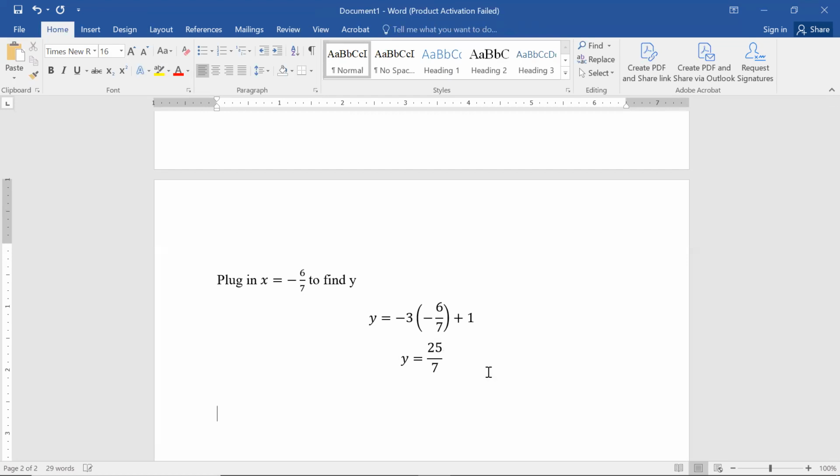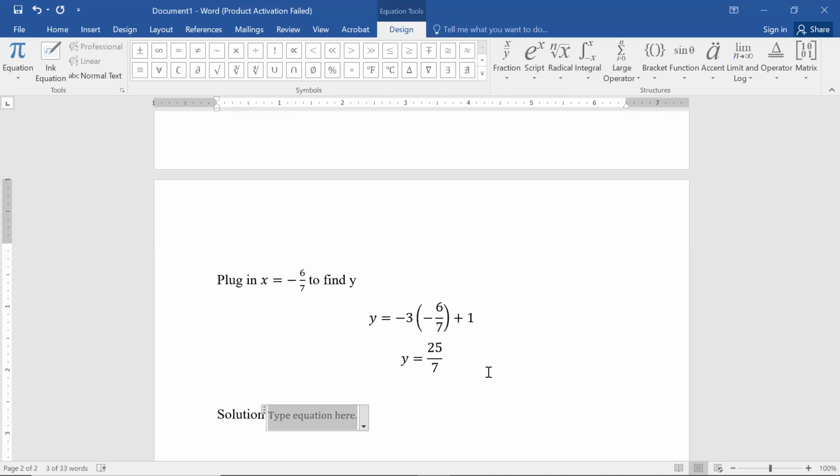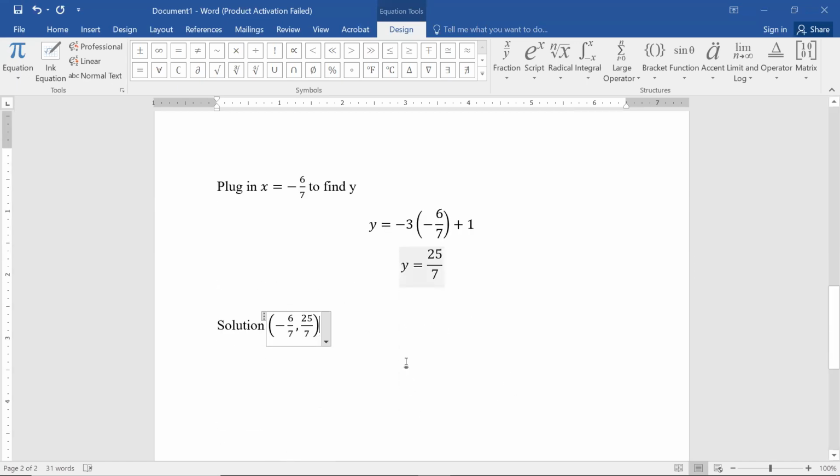That means my solution is going to be the point -6/7, comma, 25/7. And there you go.